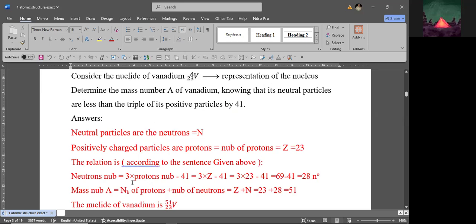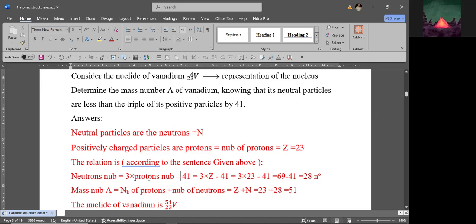Let us take 3 times the protons number, diminished, or less than, by 41, not more. We have to subtract 41. It is not only 3 times the protons, it is less than 3 times the protons by 41.